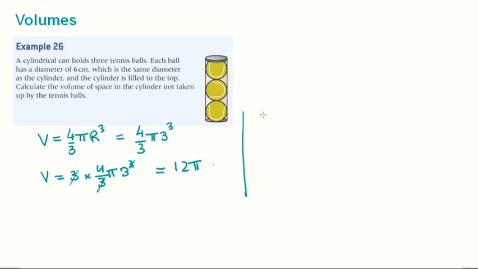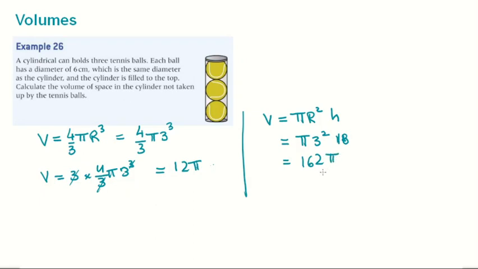Now what about the cylinder? The cylinder is pi r squared, which is the base, times the height. Now if the diameter of those balls is 6, the height will be 18. So this volume would be pi, the radius is the same, so that's 3 squared, and the height is 3 times 6, so 18. If we work out those numbers, 3 squared is 9, so 9 times 18 is 162 pi.